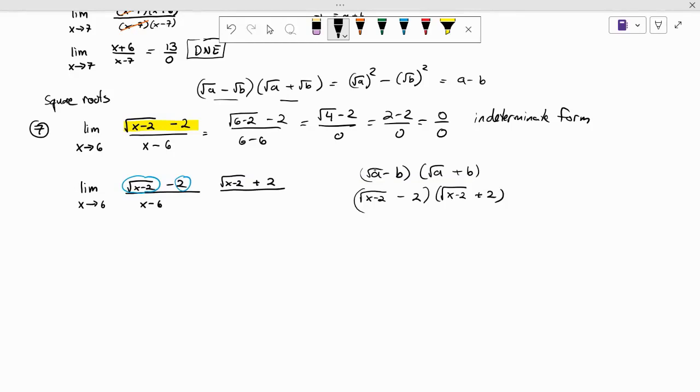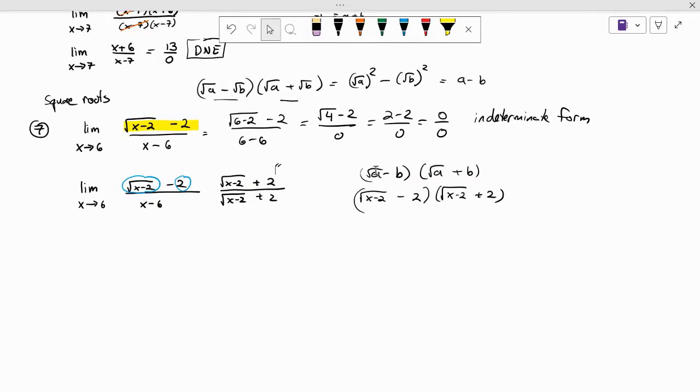So you change the sign between two terms. The minus is plus. And of course, if I multiply the numerator by that, I have to multiply the denominator by exactly the same thing, because that way we're multiplying by a form of 1, which doesn't change the expression's value.